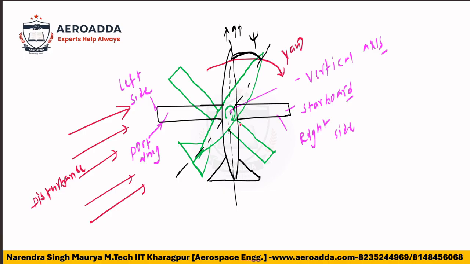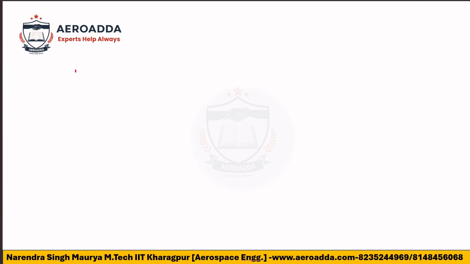So the yaw angle, just make a note of it. The yaw angle is nothing but psi. I should put the notes here first. Okay. So the yaw angle is nothing but psi towards the starboard.